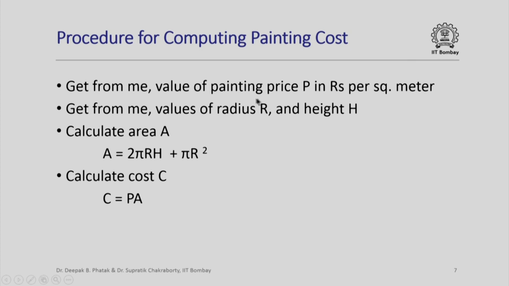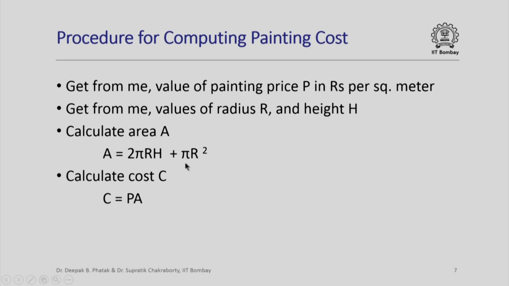Get from me value of painting price, all right. So, the person who is executing this procedure will collect the value P from me. Next, the procedure says get from me values of radius R and height H. Again, the person who is executing this procedure will collect from me one value for radius R and a value for height H. The next instruction says calculate area A by the formula A equal to 2 pi R H plus pi R square.